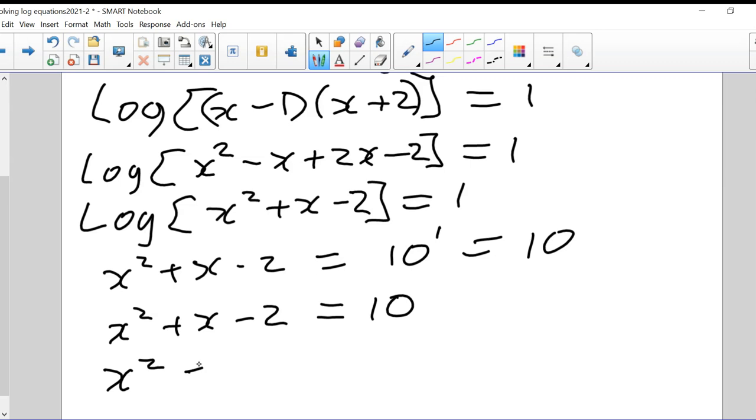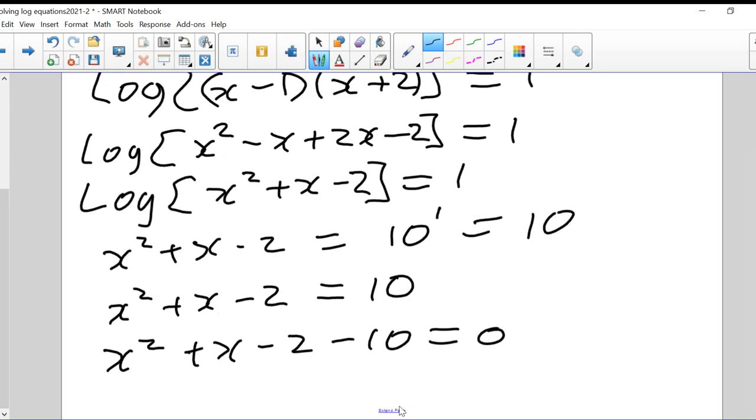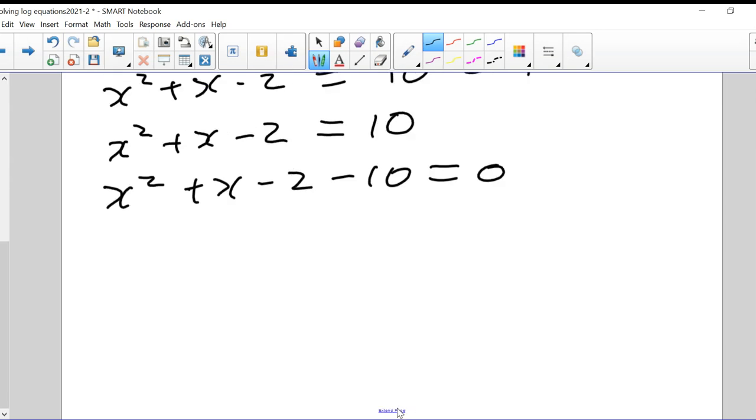So x squared plus x minus 2 minus 10 is equal to 0. And the whole goal here, as Ava recognizes, is that we want to set it equal to 0 because it's a quadratic. And by the way, we can simplify this some more: x squared plus x minus 12 equals 0. So, of course, use the x method to factor.